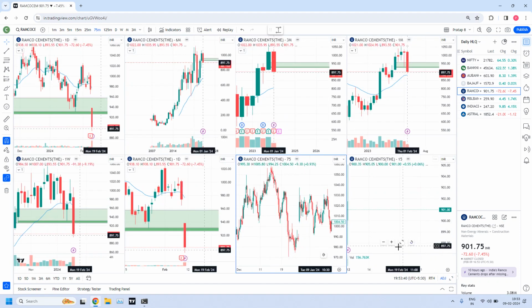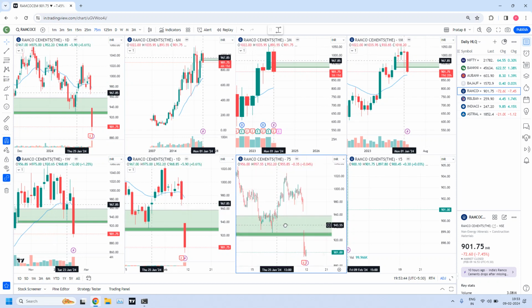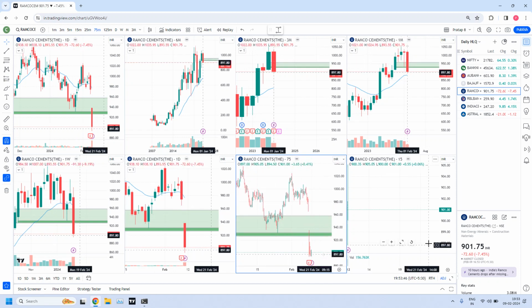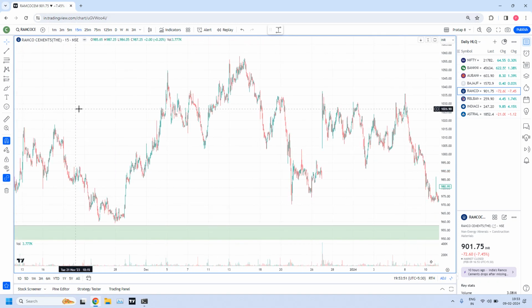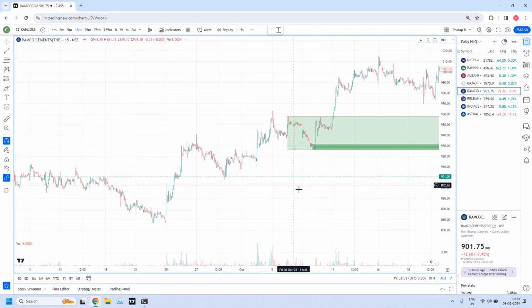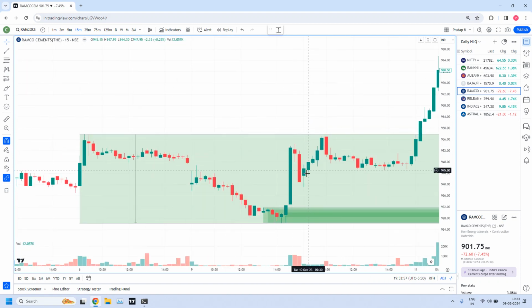So inside this 75 minutes, we have to fine tune 15 minutes. So we have a very good 15-minute zone inside this 75 minutes. See, 75 minutes is inside daily.